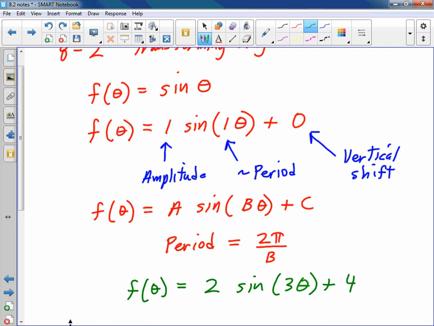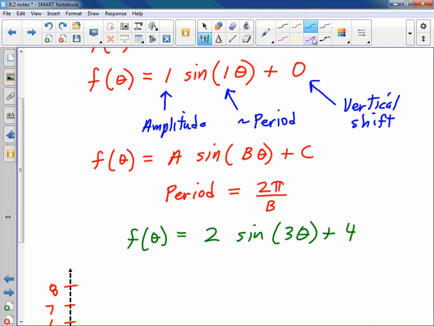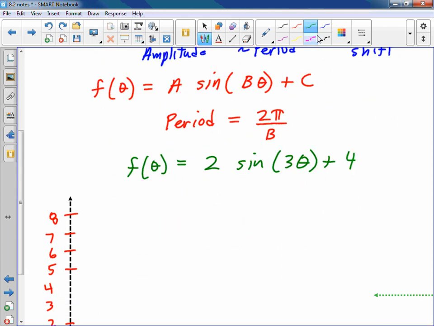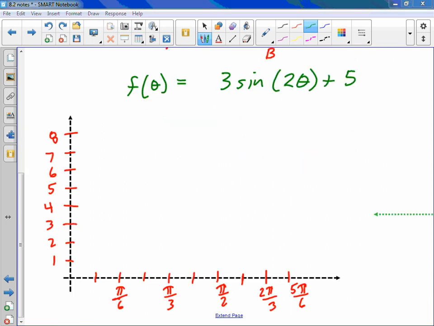Yeah, that should work. So if we wanted something like this, we would say, okay, oh, I don't like this. Gotta pause. I decided the one I gave you before was too much like my second example, so I'm going to change it. I apologize. Let's go for 3 sine 2 theta plus 5.